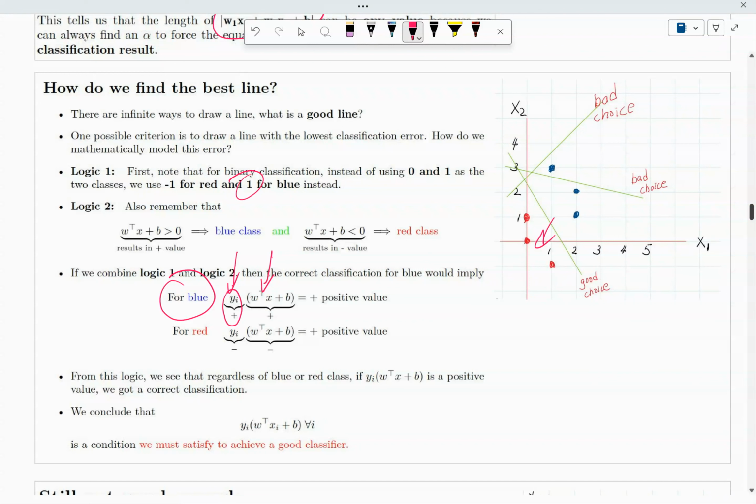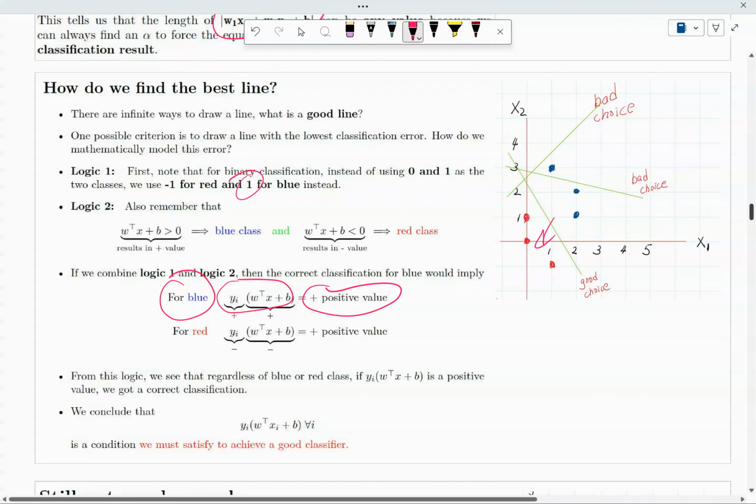And if it's a blue point, it means this is going to be greater than 0. Therefore, if you multiply them together, positive times positive is always going to give you a positive value. This is a label, and if you got the W such that this is also positive, then you got a positive value, implying that you did a good job.